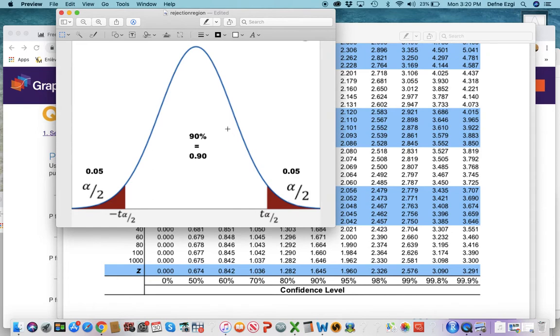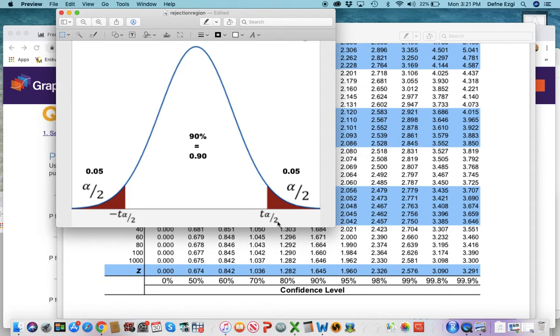If you're doing a 90% significance test, that means the middle area is 90% of the curve in terms of proportion, that is 0.9. And in order to get the boundaries of the confidence interval, we already did that last time, but remember that these boundaries here, the boundaries of your confidence interval, are also the boundaries of your rejection regions.